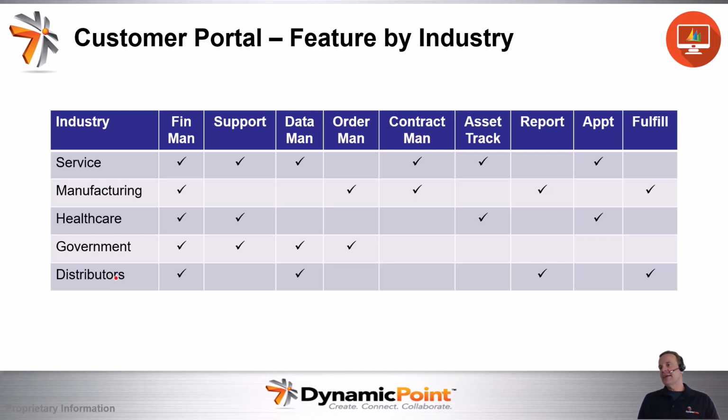This grid is going to represent the basis of our future videos, where we look at each of these industries, the service industry, the manufacturing industry, and go into further detail on the specific features they use and which verticals are using the portal product for customer portal implementations.